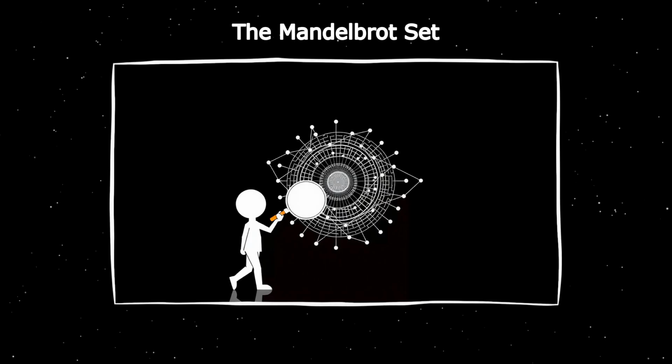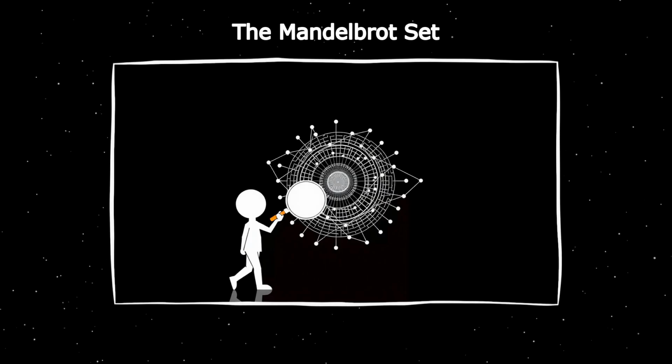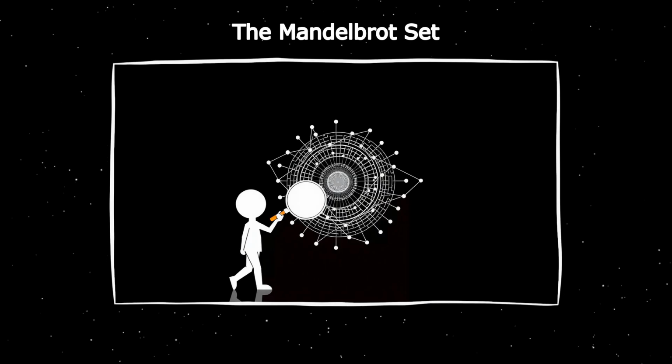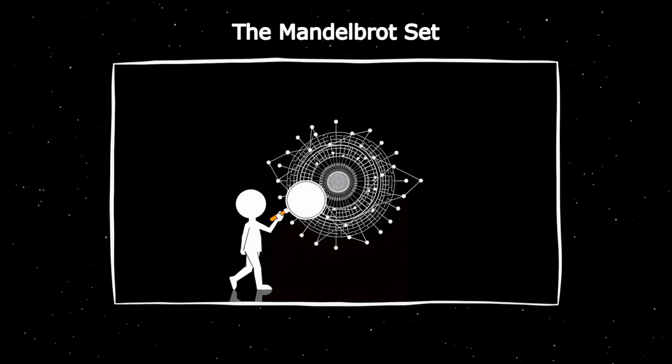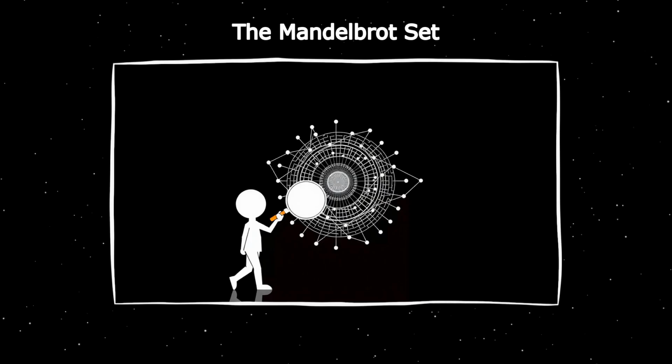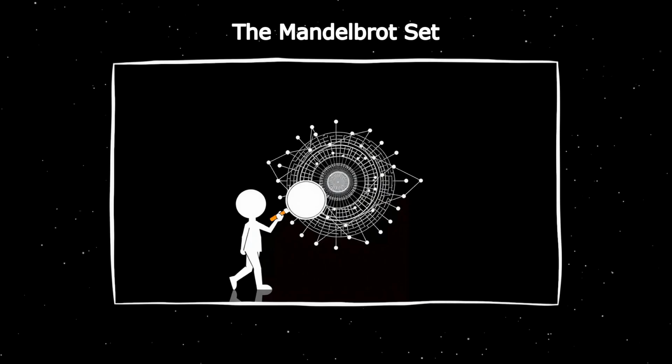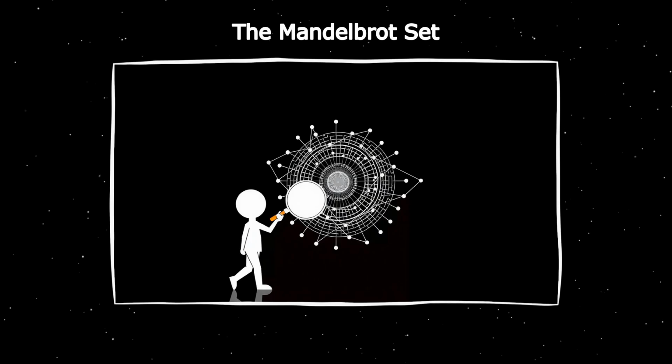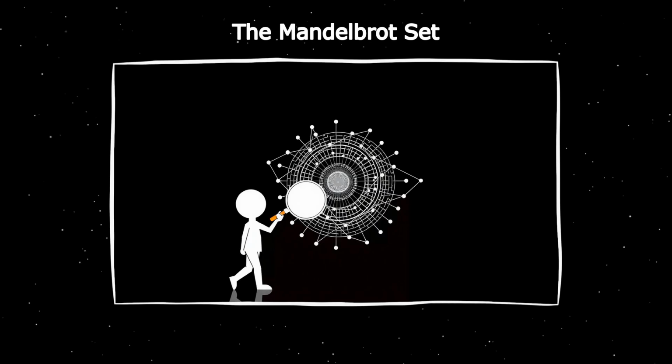At its core, the Mandelbrot set is defined using a simple mathematical formula. It involves taking a complex number, usually represented as a combination of a real part and an imaginary part, and iterating a specific equation.